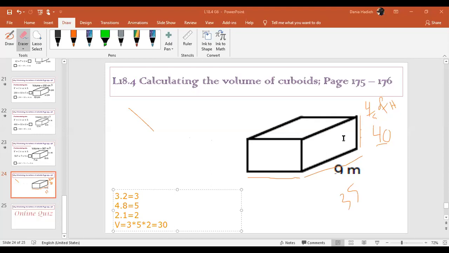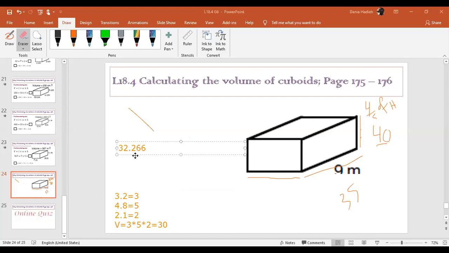Check your answer using estimation. Okay. And the actual answer was what? In A, what did you figure out in A? The actual answer in A was what? 32.266.